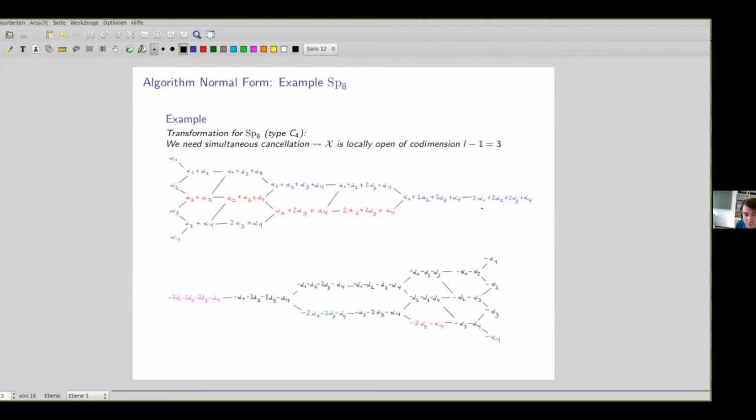So let me explain how this works in the non-trivial case. Here we first have to assume that, again, we have our filtration of the positive roots in blue, red, green, and pink. And we have to assume in this case that the highest root is 0. So here we have our first relation.